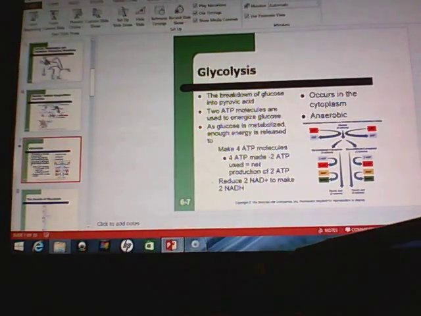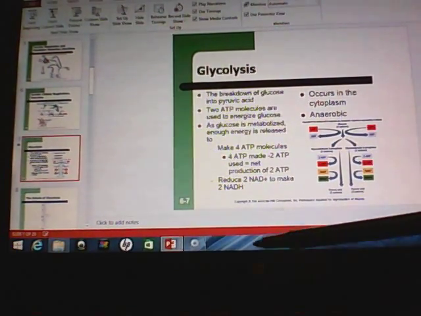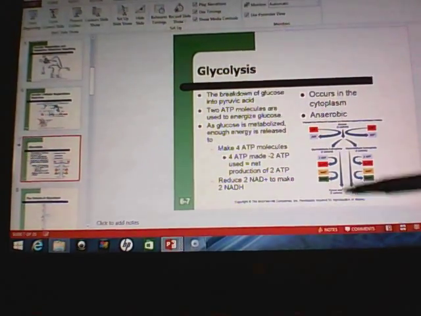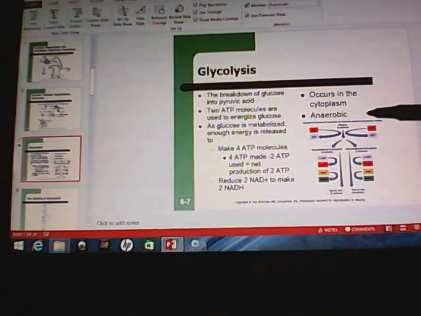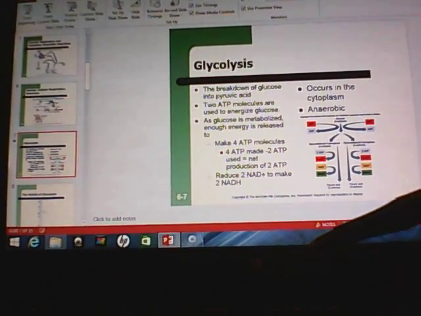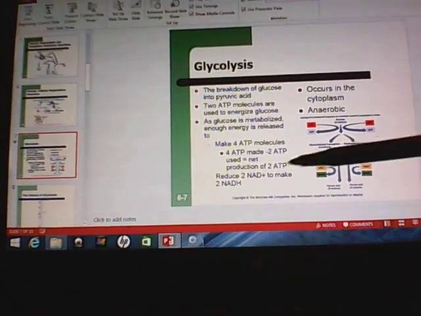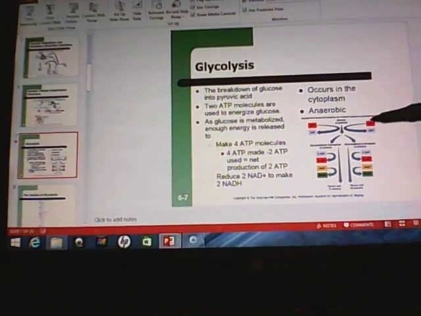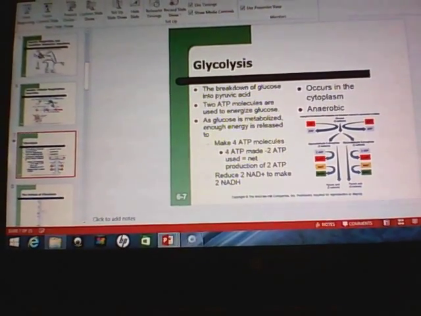It makes a net of 2 ATP molecules, and it is the only one that's anaerobic. All the other parts of aerobic respiration are going to require oxygen, but this one, done in the cytoplasm, is considered to be anaerobic.